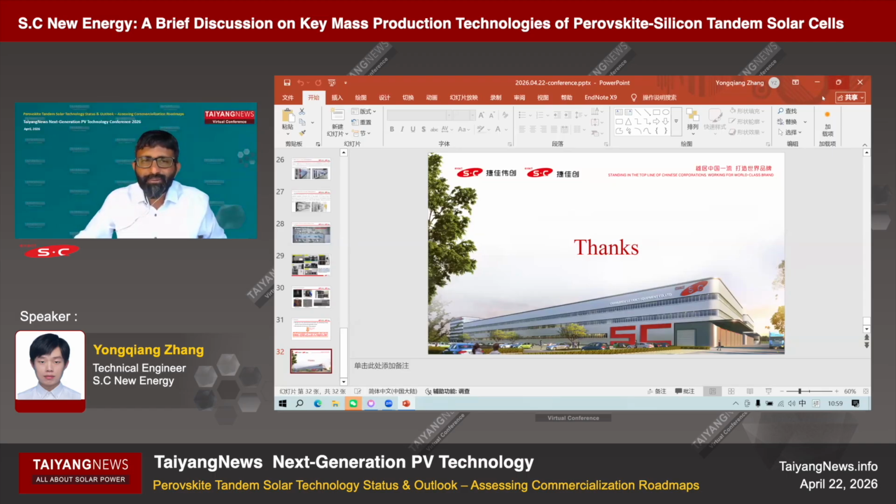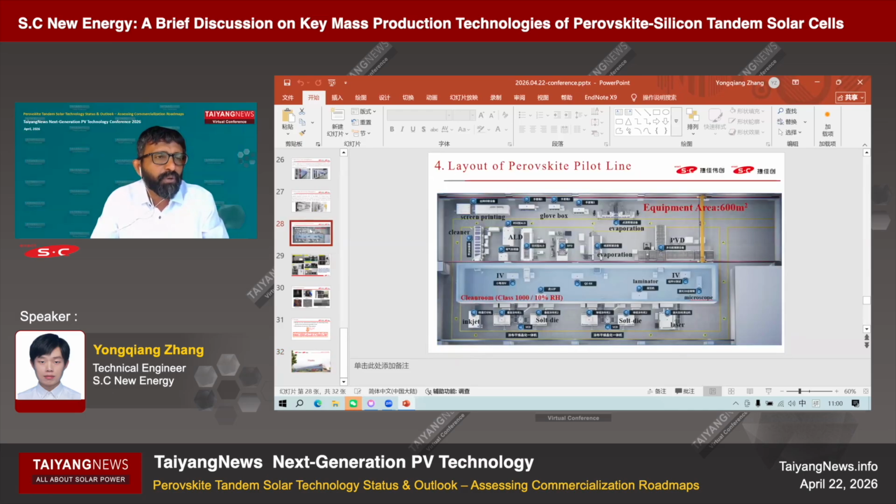Okay, thank you very much for your presentation. I have one or two questions. Can you comment on the capital expenditure? Can you indicate how much the capex is for the perovskite line in comparison to TOPCon or heterojunction?